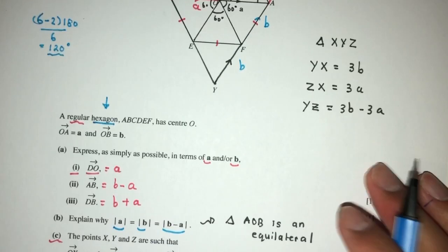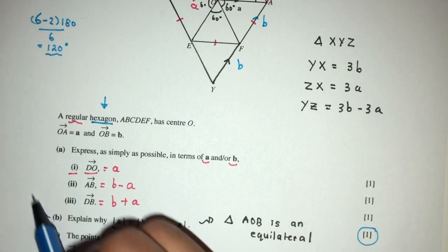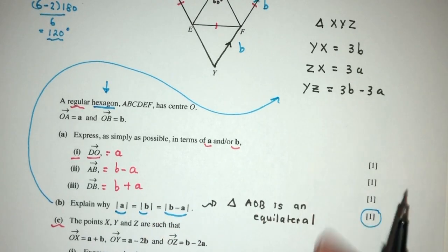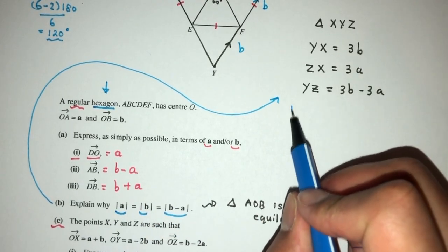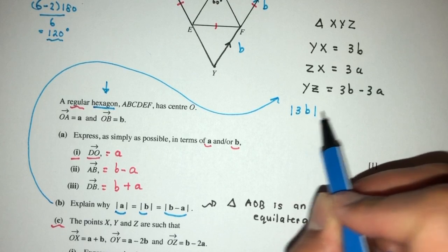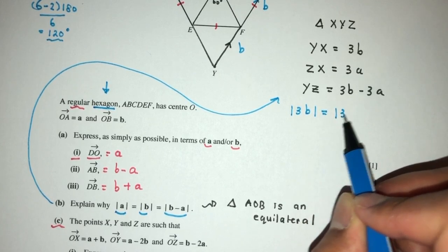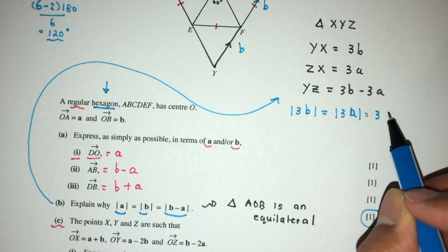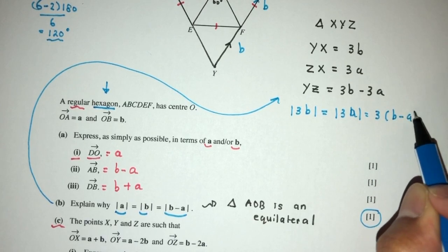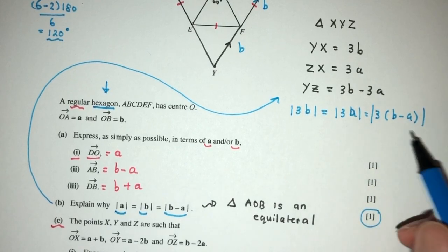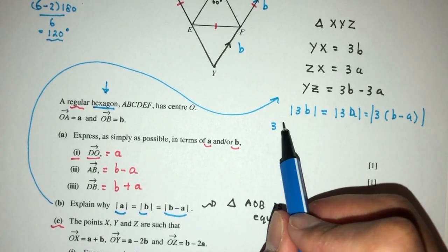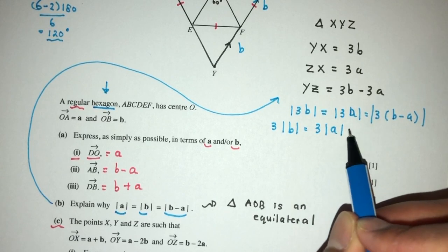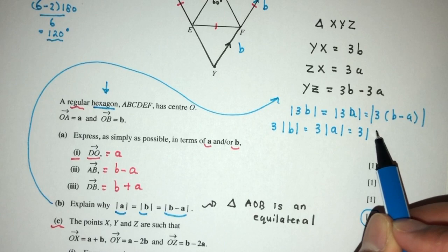Now if you observe, we can just use the concept from B. From B we have shown this is true. If you observe, we can take out the 3. The 3 will be outside.